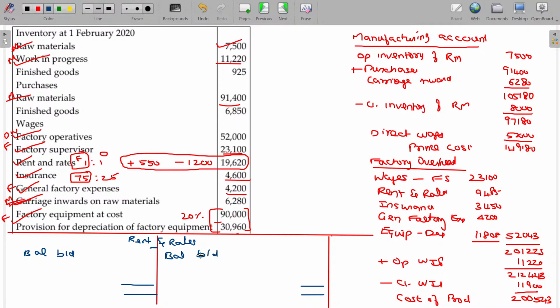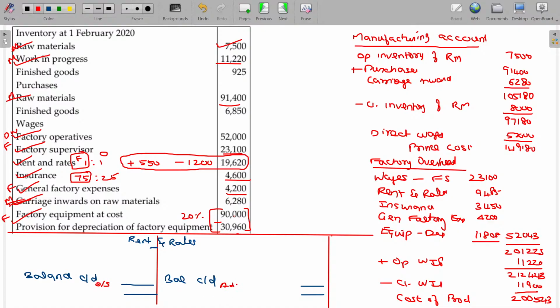Of course, we usually don't have the opening balances, only closing balances. Balance carry down and balance brought down. If it appears on the credit side, what does it mean? It's a liability. As this is an expense, if there is outstanding to pay, then it's a liability.